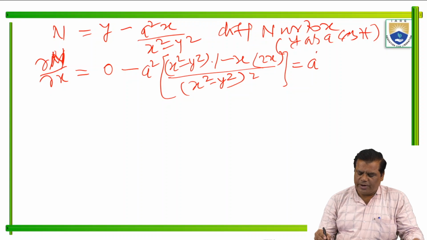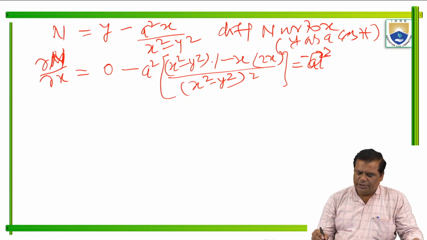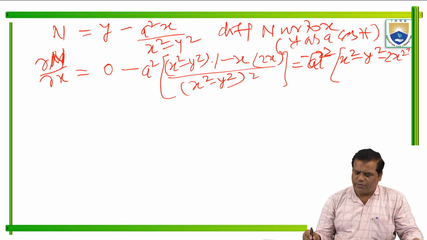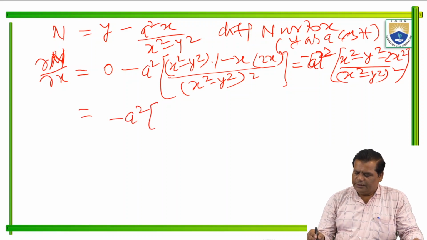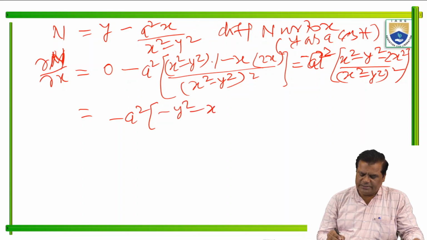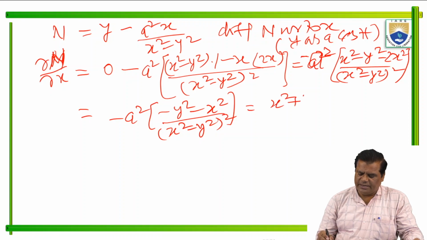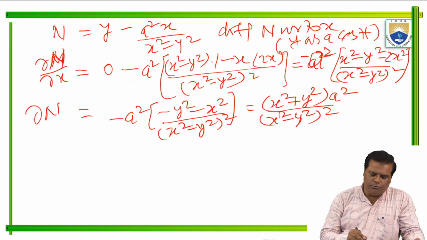This equals a square, minus a square in bracket x square minus y square minus 2x square upon x square minus y square whole square. So now this equals minus a square in bracket minus y square and minus x square upon x square minus y square whole square. So minus multiplied, x square plus y square added into a square upon x square minus y square whole square. So this is del N over del x.